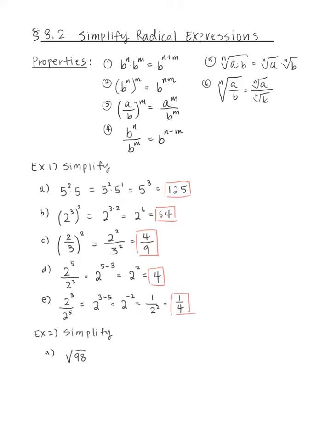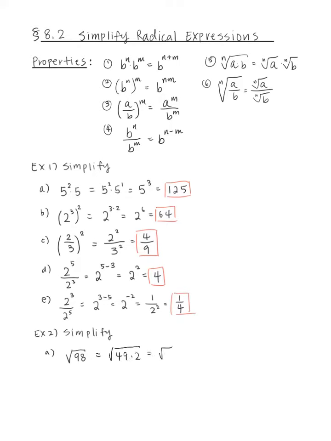Okay, now let's look at example 2, simplify the square root of 98. Now, how the textbook does problems like this is that since you're given a square root, they want you to find the perfect square factor of 98. 98 is the same thing as 49 times 2. Then they want you to apply property number 5.